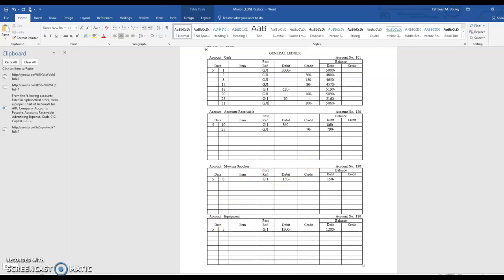Okay, so now that we have the accounts in there, we can put the balances in. So cash is 5060 debit, accounts receivable is 790 debit.